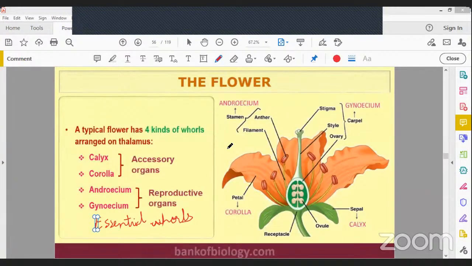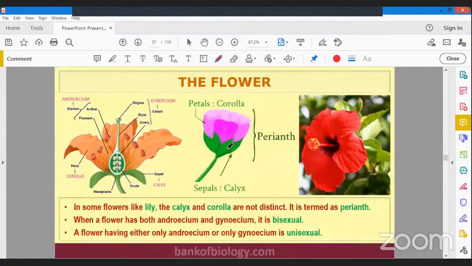Take it down. We go to the next part. So take it down, students. In some flowers like lily, the calyx and corolla are not distinct, and it is called a perianth. So what do you mean by perianth? Perianth is the fusion of calyx and corolla.